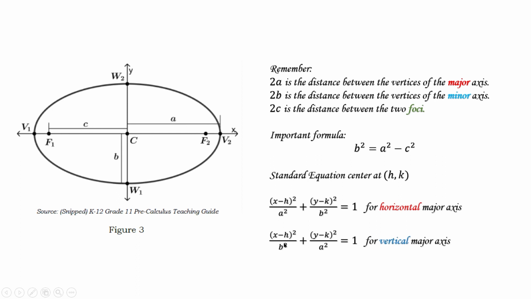And for vertical major axis, we have the square of x minus h over b squared plus the square of y minus k over a squared is equal to 1. So this is our equation for vertical major axis.